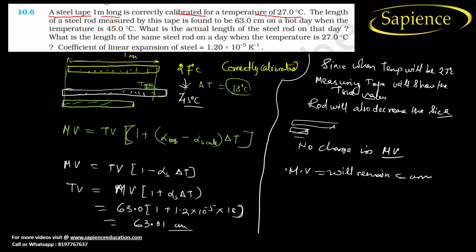So from here the measured value will be equal to 63.0 centimeter. The measured value is equal to the true value. So whatever you call it, both will be the same. I hope you have understood this question.